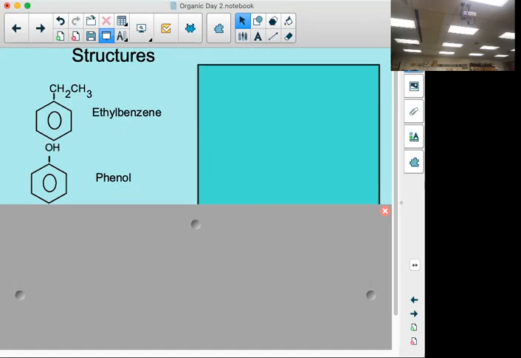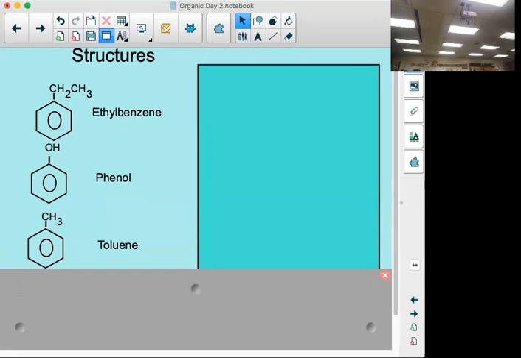But you put a hydroxide on it, the body can process it in and out to the liver, and we're good to go. All right? So if it has hydroxide on it, it's called a phenol. Now, you see I start with the CH2, CH3 because with just the CH3, we have a special name for that. If I have one with just a CH3, just 1 carbon, 1 methyl group in there, that's called toluene.